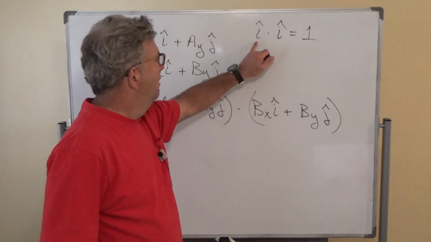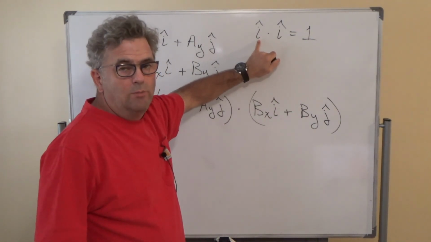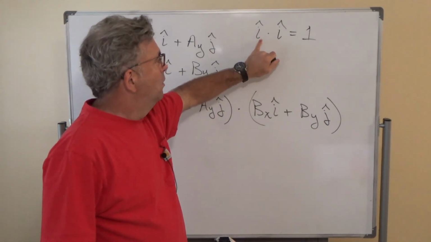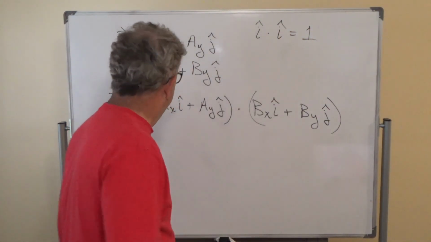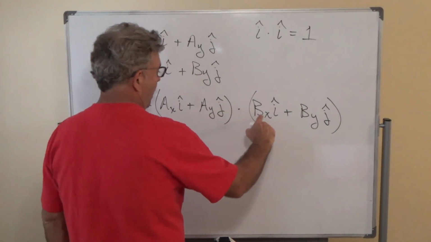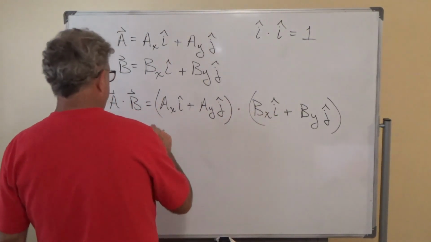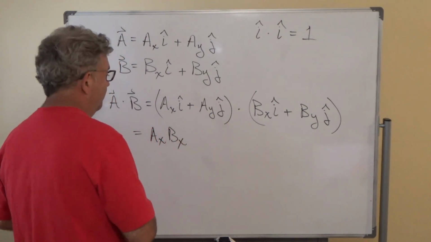These have unit length. They're the same vector, so the angle between them is 0. So it's 1 times 1 cosine 0, which is 1. So the first term here, AX i hat dot BX i hat, is simply equal to AX BX.